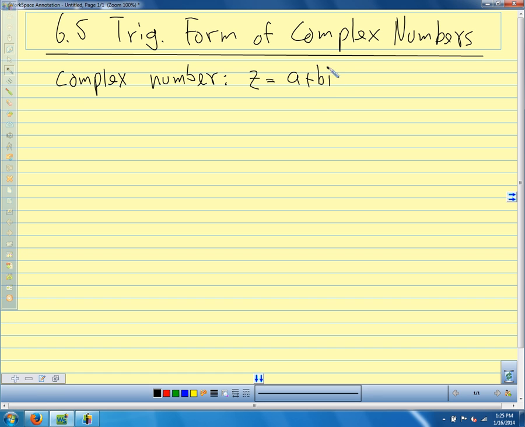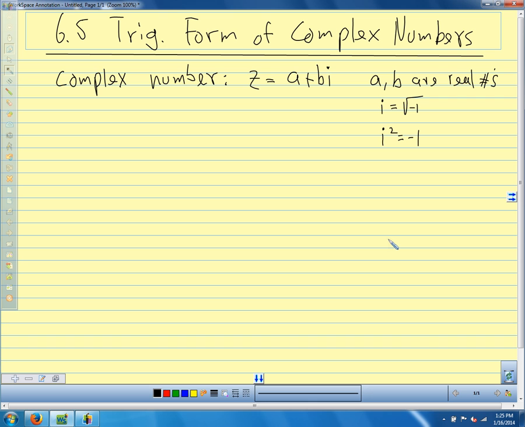So z is a complex number, a plus bi. When we write a complex number, a and b are real numbers, and i is the square root of -1, and that means that i squared equals -1. So that's what we're talking about when we're talking about a complex number.